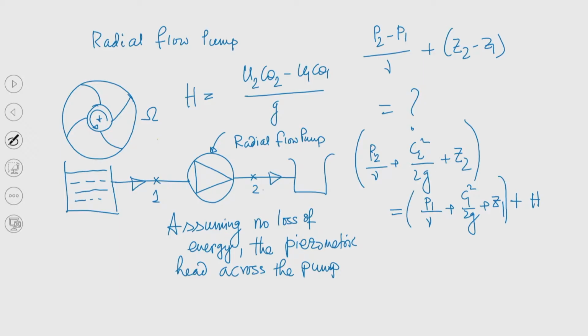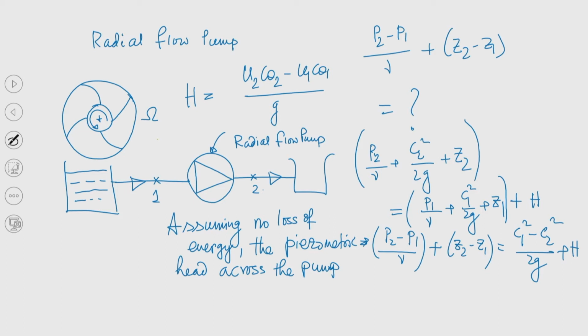Okay. So, we can now simply write P2 minus P1 by gamma plus Z2 minus Z1 will be equal to C1 square minus C2 square divided by 2G plus H, right.